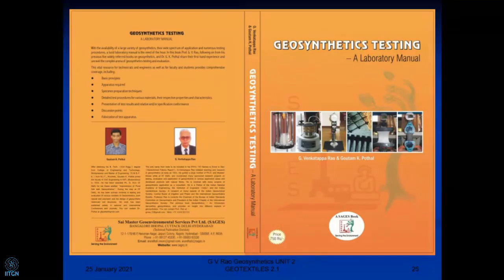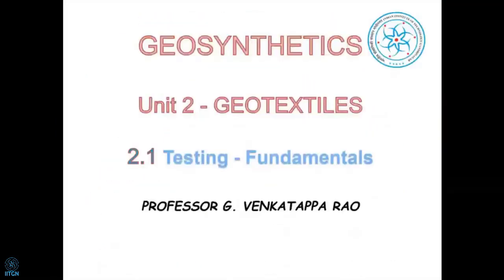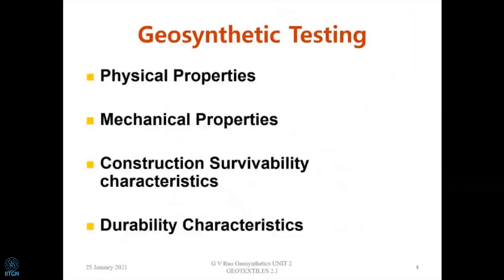At this juncture, I just have to introduce the importance of testing, the need for testing, and what are the various things we are going to do. Today we discuss physical properties, and tomorrow another issue will start on what to do with these things with respect to geotextiles.